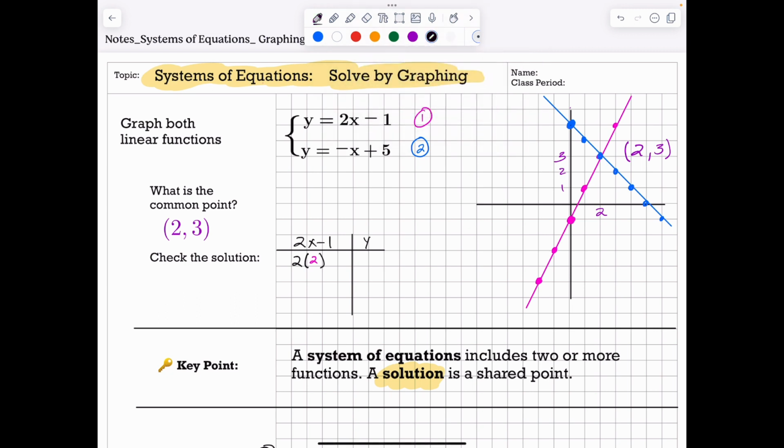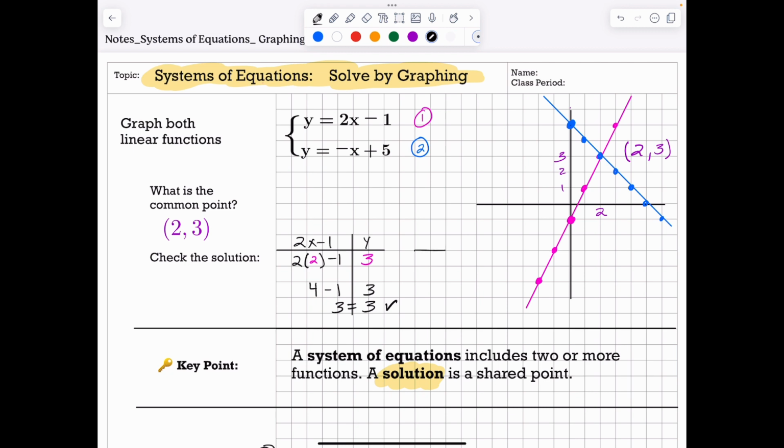And in place of y, I'm going to plug in my y coordinate, 3. And then I just check it. So 2 times 2, of course, is 4 minus 1. So this checks. 3 is equal to 3.